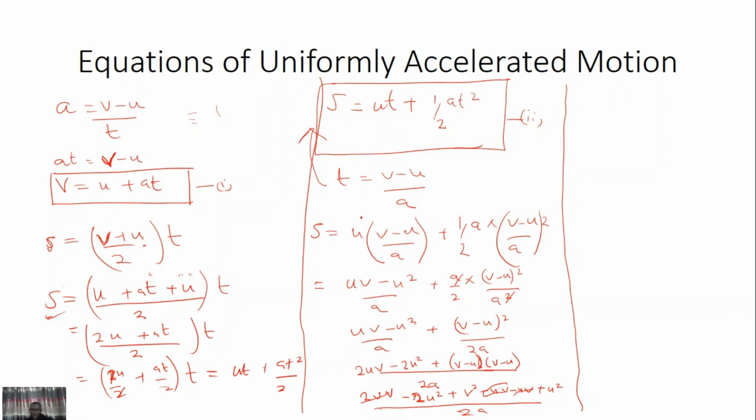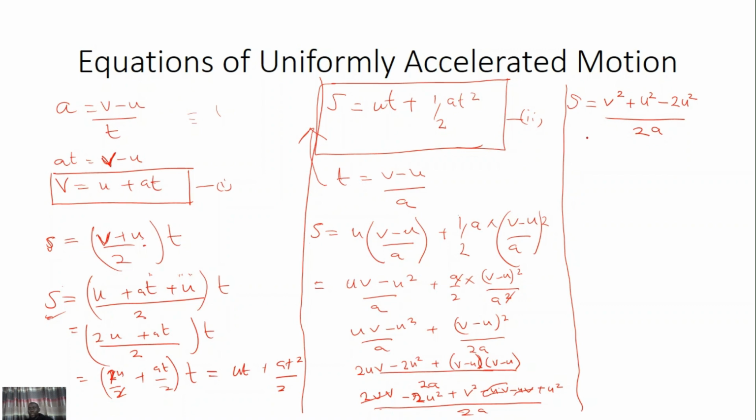Don't forget that this s is what we are trying to calculate here. s will be equal to v squared plus u squared minus 2u squared, divided by 2a.